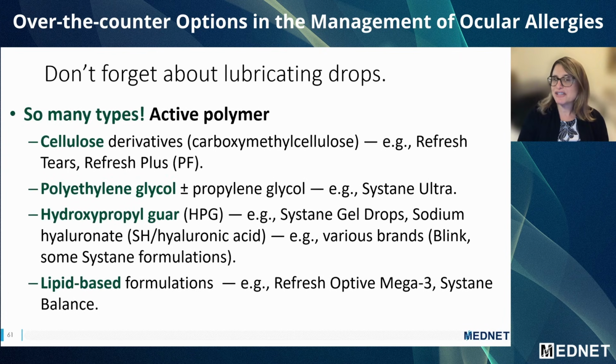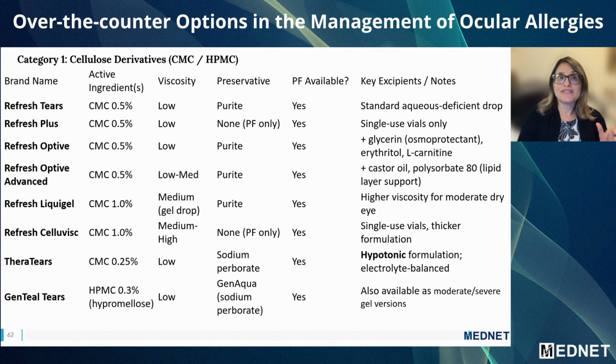And there's so many of them. And patients often ask, how do I find the right one? And so just a quick primer is that they have different active ingredients. And so that could be cellulose or polyethylene glycol. So there are different ones. And each of the different ingredients have different brand names.